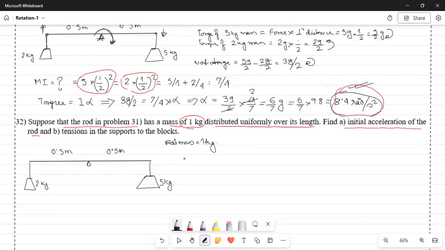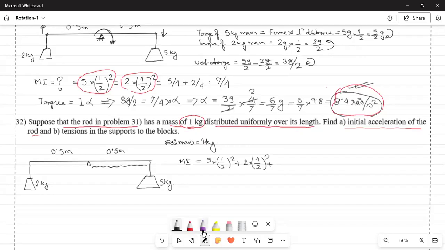So here, what is the moment of inertia? Moment of inertia is equal to, the two masses are there already. So this is 5 into half square as usual, plus 2 into half square as usual, plus the right side of the rod.